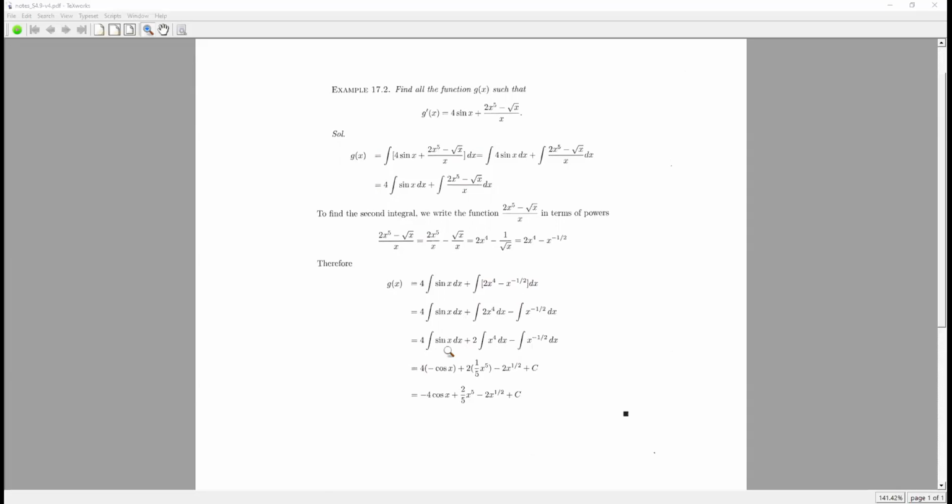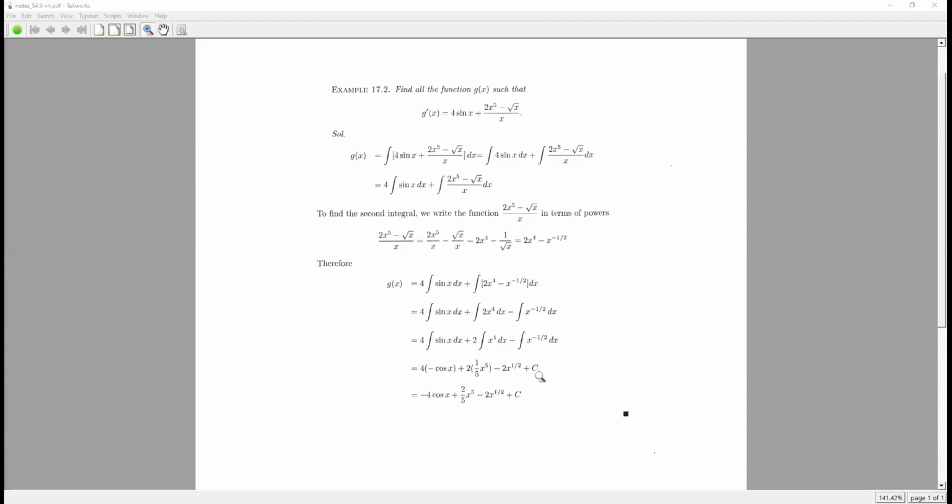Sine's antiderivative is negative cosine. X to the 4th antiderivative is 1/5 times x to the 5th. X to negative 1/2 antiderivative is 2 times x to the 1/2. Don't forget to add an arbitrary constant c.